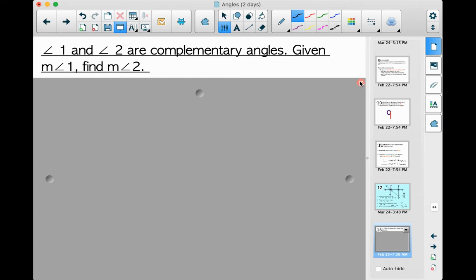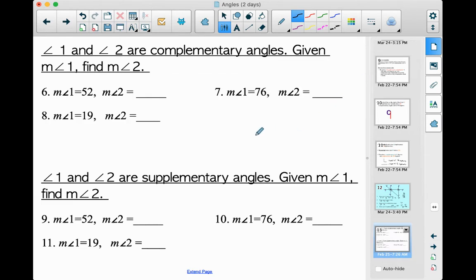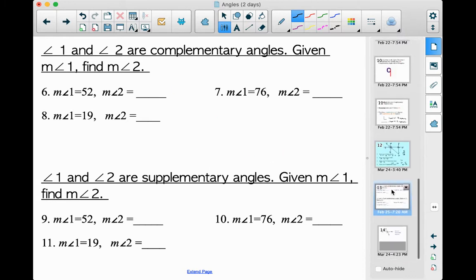So if we're looking at some complementary angles, so we got complementary and supplementary here. This will be kind of the last thing we look at. Again, the way we can use them is if we know one of the angles, we can find the other one. Complementary angles add up to 90. So in this case, we're just going to subtract these from 90.